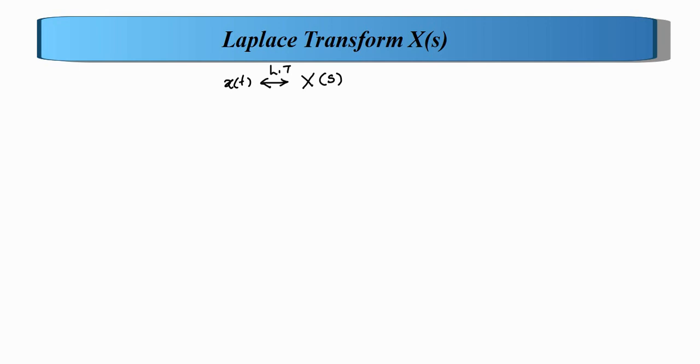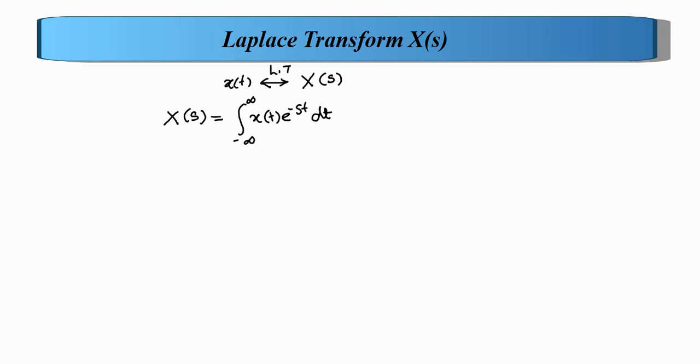Now we can define this X of s mathematically as the integral from minus infinity to infinity of x of t into e raised to minus s t dt, and the variable is t. So this is the basic equation of the Laplace transform.